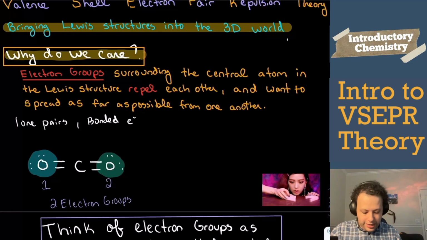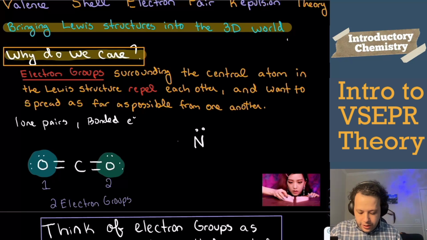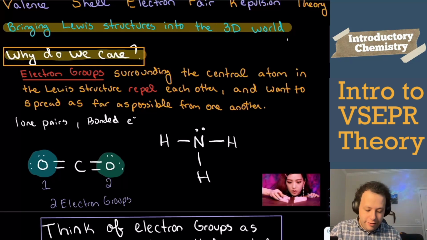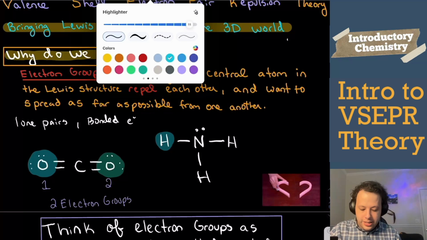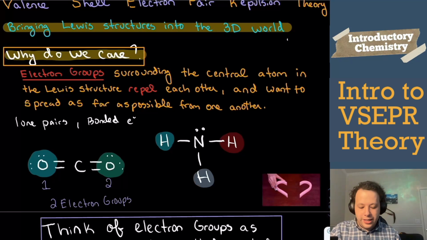Now, let's look at a different molecule, ammonia. If you've ever cleaned, you might have used ammonia before. If I draw this structure, we have nitrogen as our central atom, and then we count how many different groups are around it. Each hydrogen is a group, so we have one, two, three different electron groups.